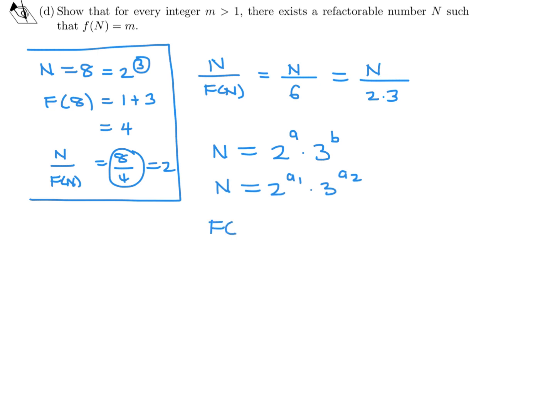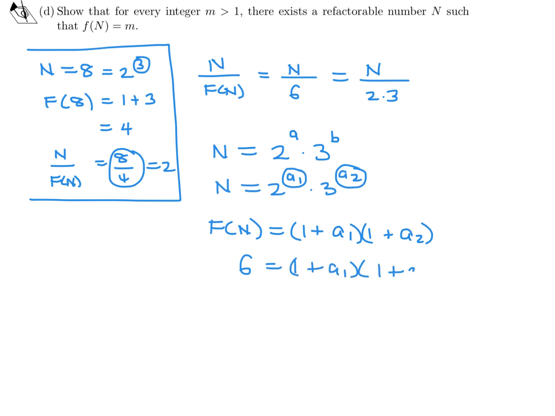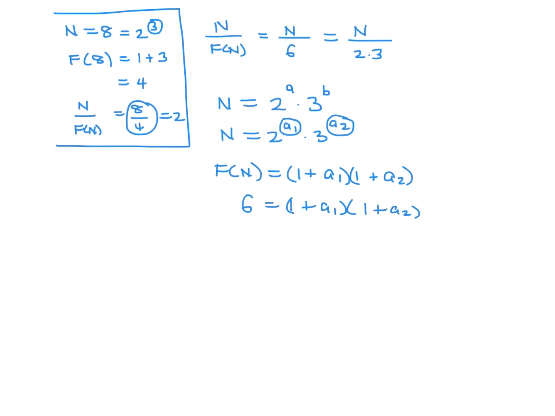So if you calculate f of n, you take the first exponent and add 1, then take the second exponent and add 1, and they're saying that's 6. So 6 is equal to (1 plus a1) times (1 plus a2). You got it? Okay.